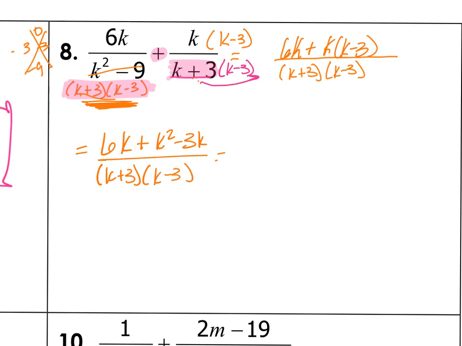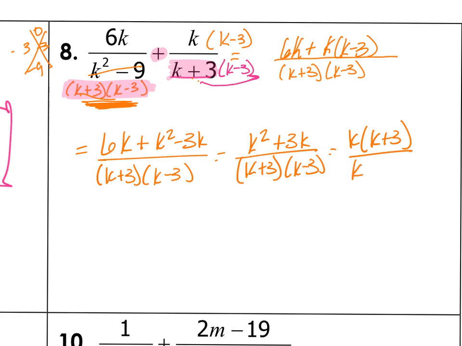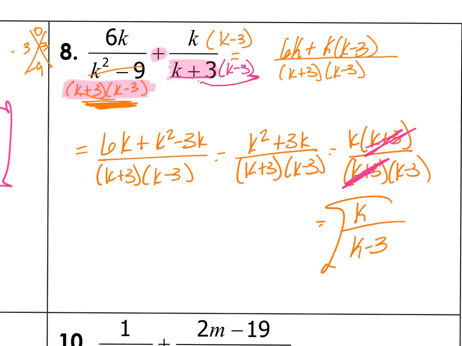Let's simplify this. So I get k squared plus 3k all over k plus 3, k minus 3. If I simplify this, I factor out a k, and I get k plus 3. And then I have a k plus 3 on top and a k plus 3 on the bottom. That gives me k over k minus 3.